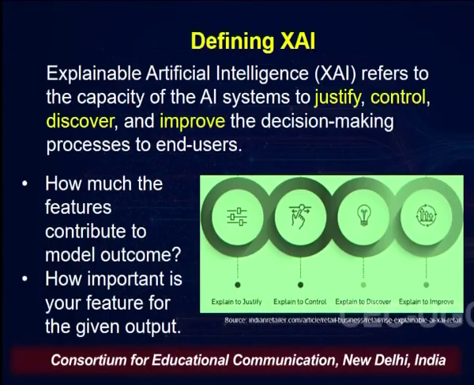Now we are in a position to understand what XAI is, that is, Explainable Artificial Intelligence. We know artificial intelligence is going to cater more human intelligence or human-like behavior to the machines.